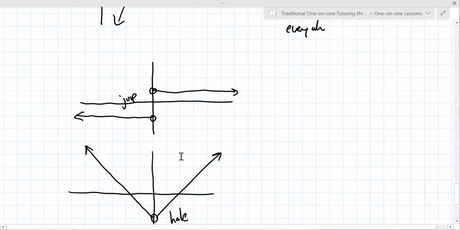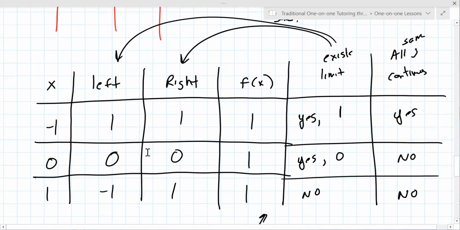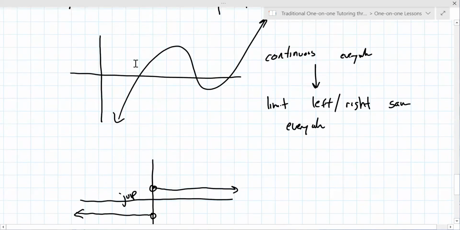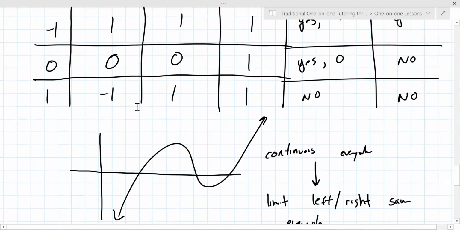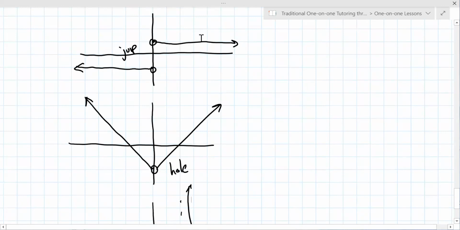What I'm trying to show you, though, is that the hole here is like the example of number 2, where it approaches the same value, but the actual output there is something else. Number 1, this first row, is like this nice continuous function where everything's good. And then this last row, where it approaches one value from the left and another value from the right, is like a jump. So you can see those.